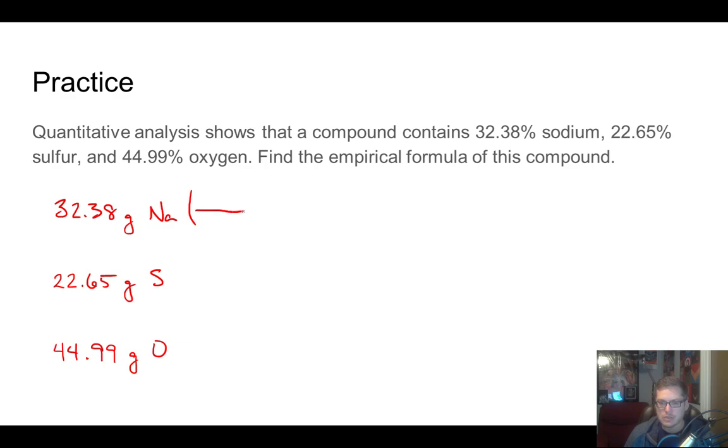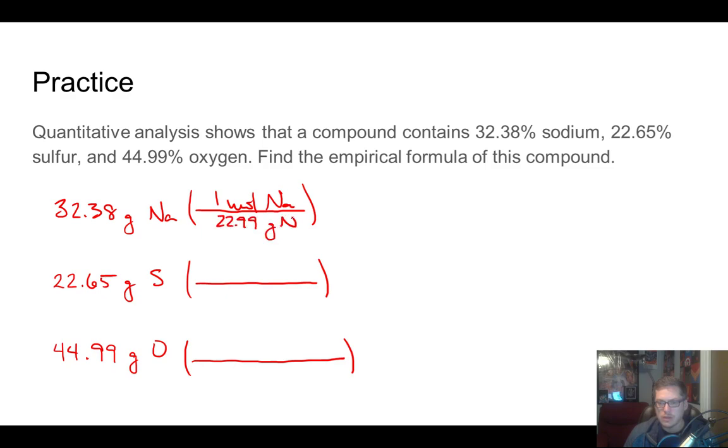Now mass to moles. We're going to convert all of these to their respective moles. For every 1 mole of sodium, we have 22.99 grams of sodium. For every 1 mole of sulfur, we have 32.07 grams of sulfur, and for every 1 mole of oxygen, we have 16.00 grams of oxygen.